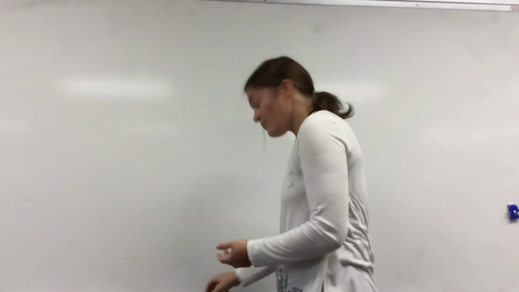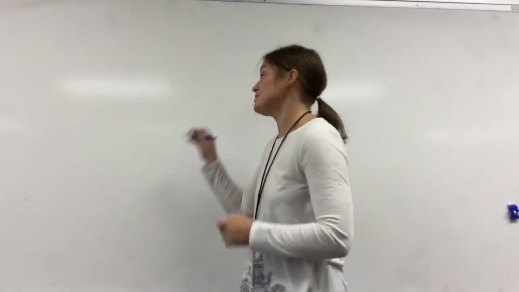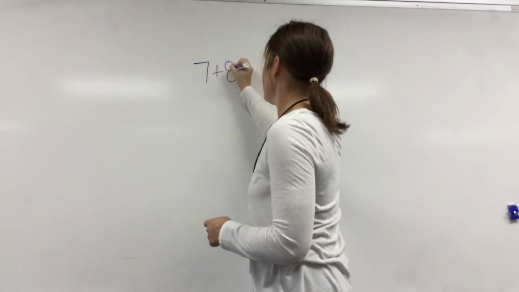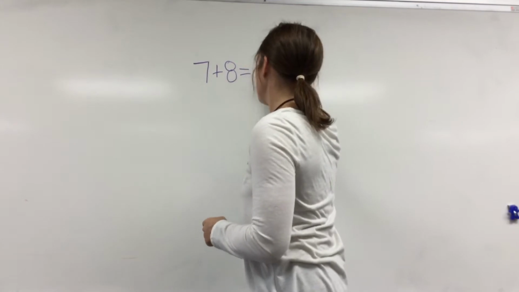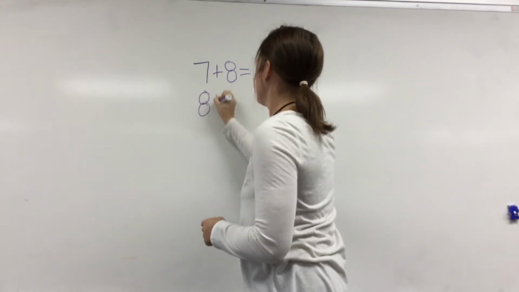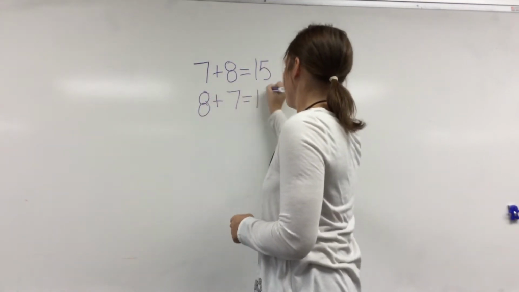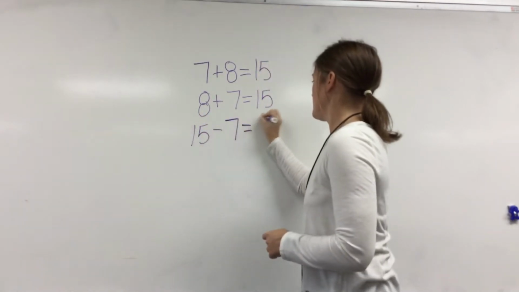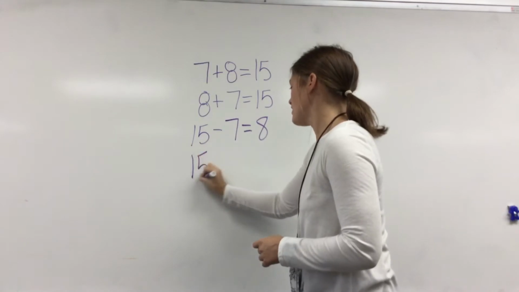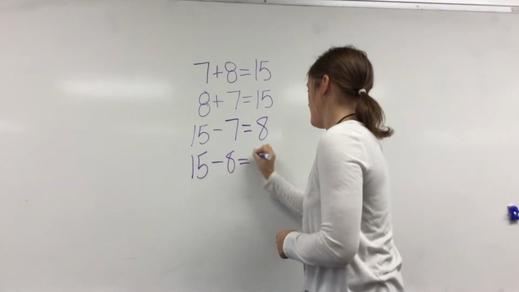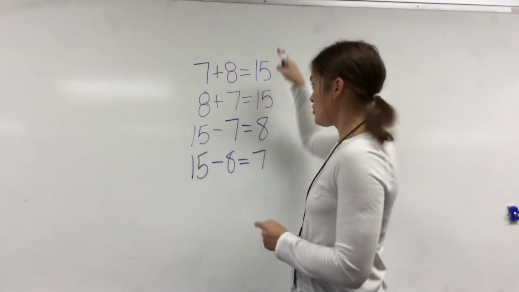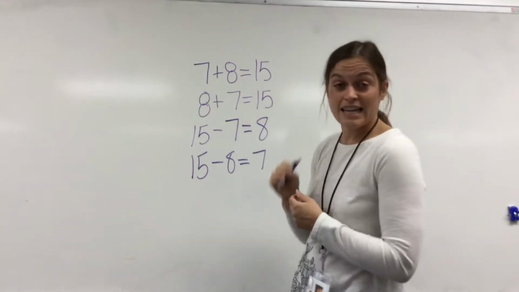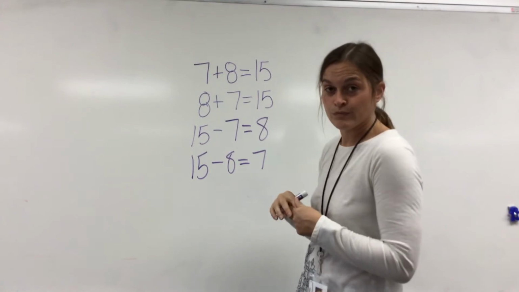Well, I can use two addition facts and two subtraction facts to show how the numbers 7, 8, and 15 are related.